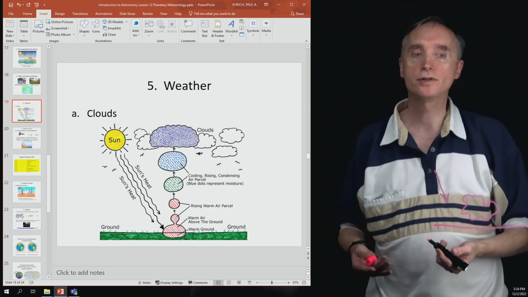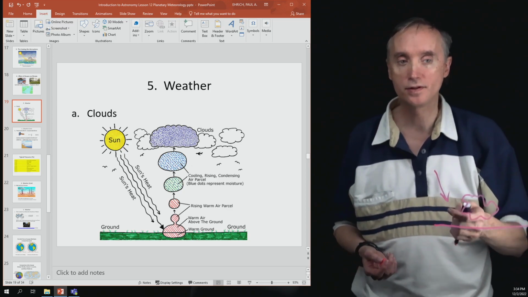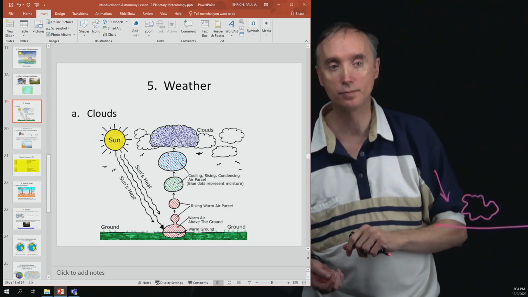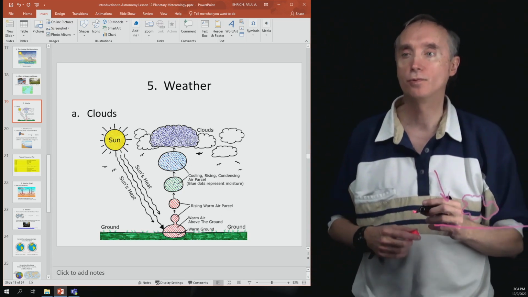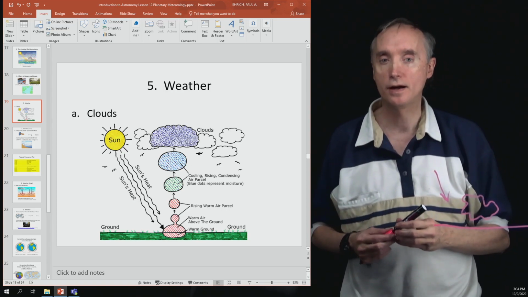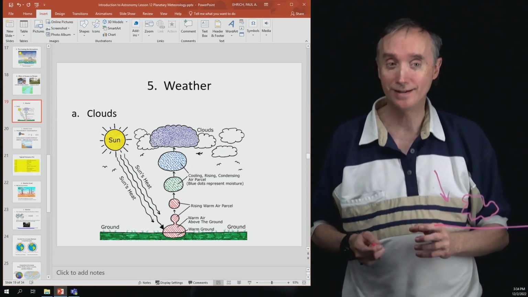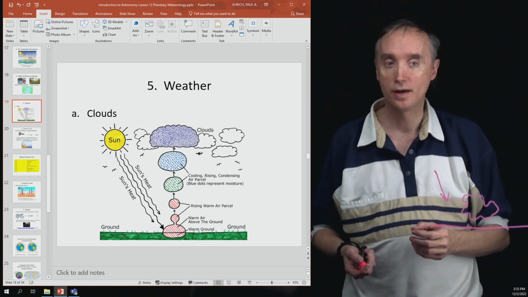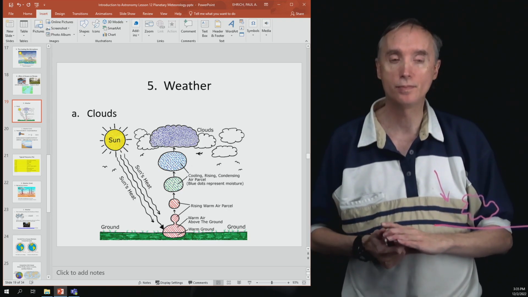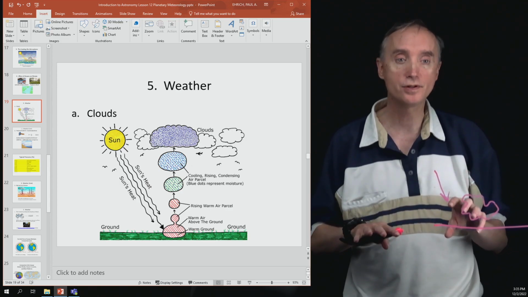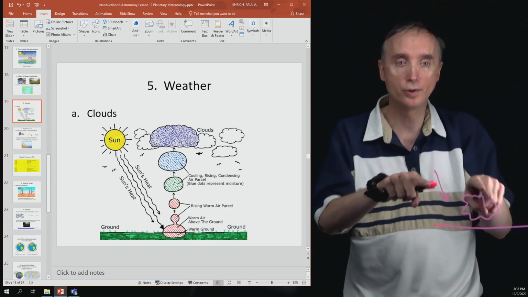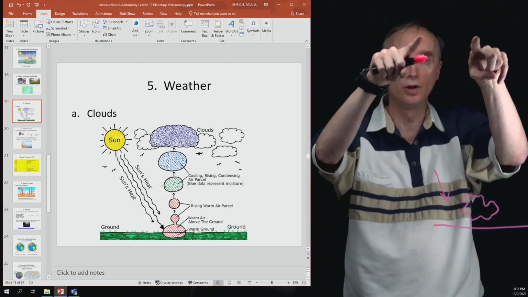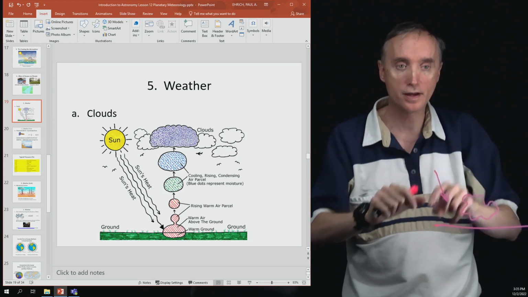So the next question is, well, why does this thing want to rise up into the air? If you remember when we talked about what causes plate tectonics, we said it was convection. And convection was when in the mantle you had hot material, and then it would come up to the surface, it would cool off, and then it would go back down.